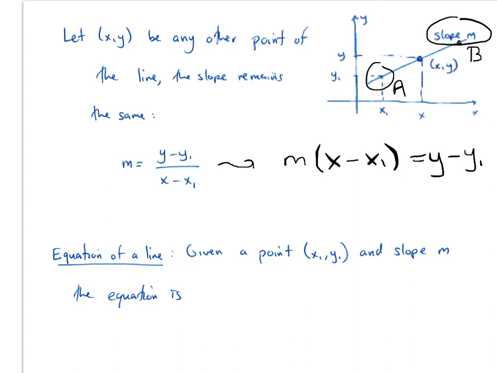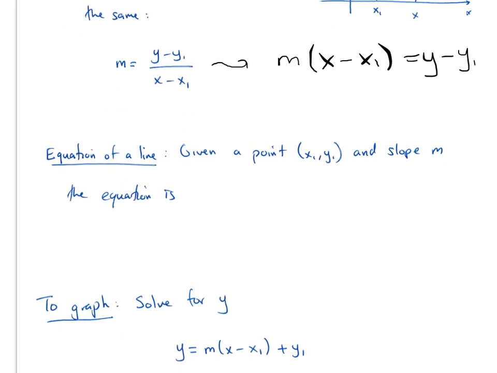And that will give us the equation of a line. So given a point on the line and a slope, the equation of a line, writing this in the opposite order, is y minus the y-coordinate of the point we know equals the slope times x minus the x-coordinate of the point that we know.